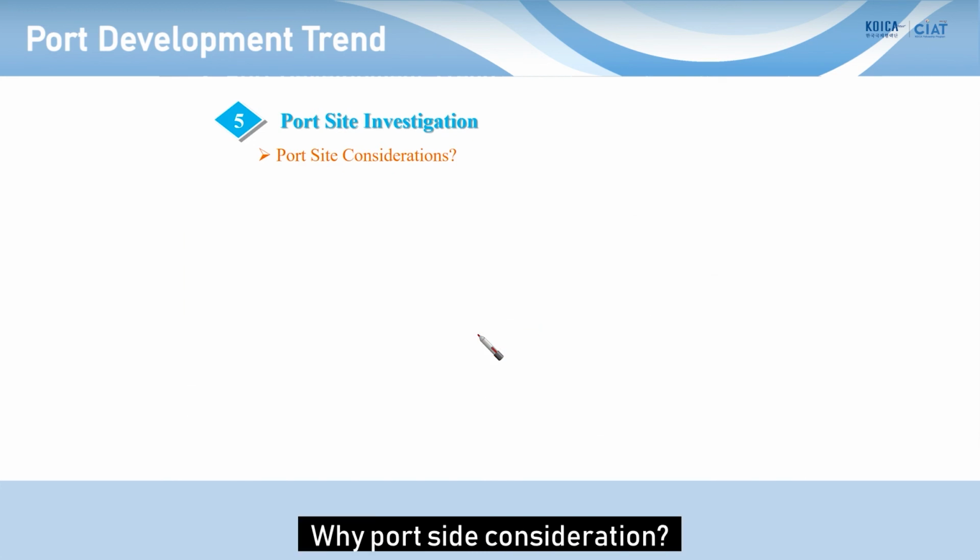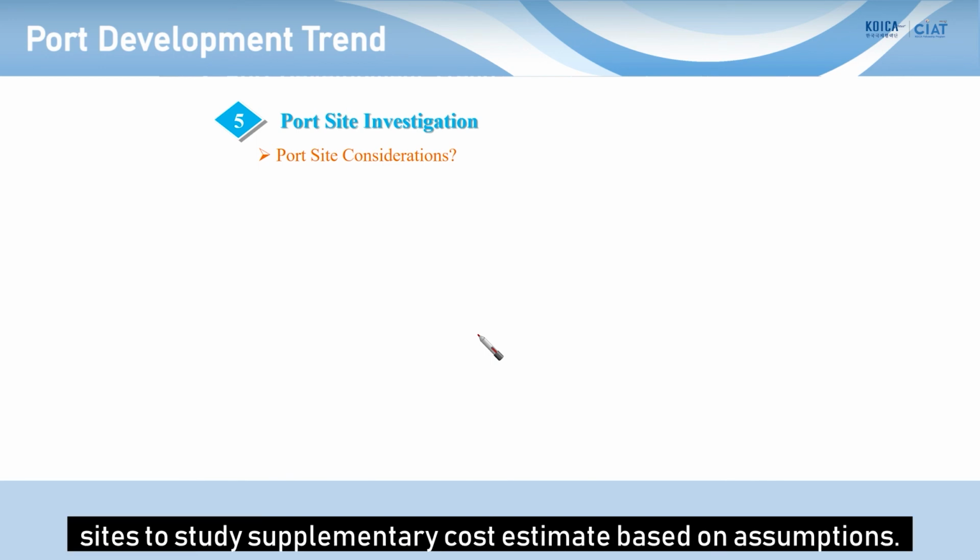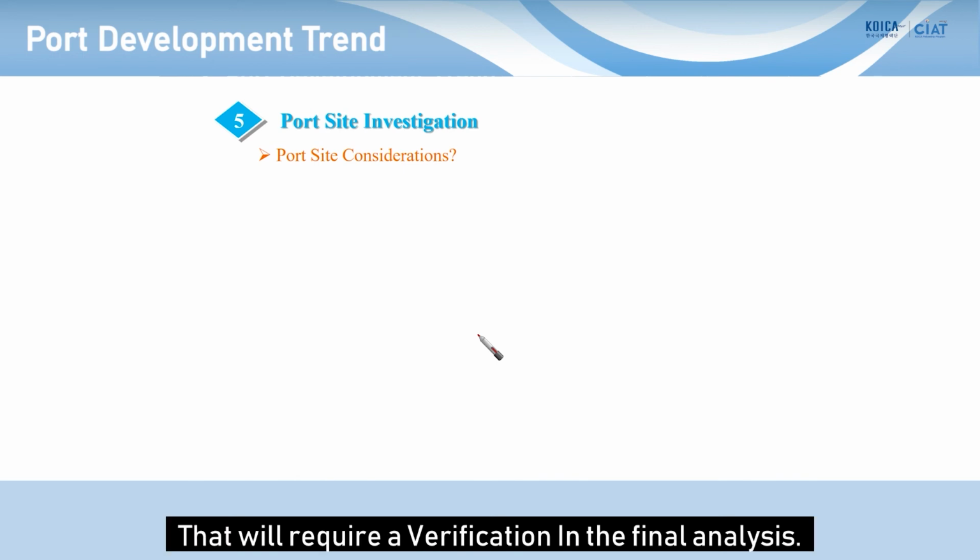Why port site considerations? After analyzing the general requirement for a port, it is necessary to make preliminary site studies supplemented with a cost estimate based on assumptions that will require verification in the final analysis.